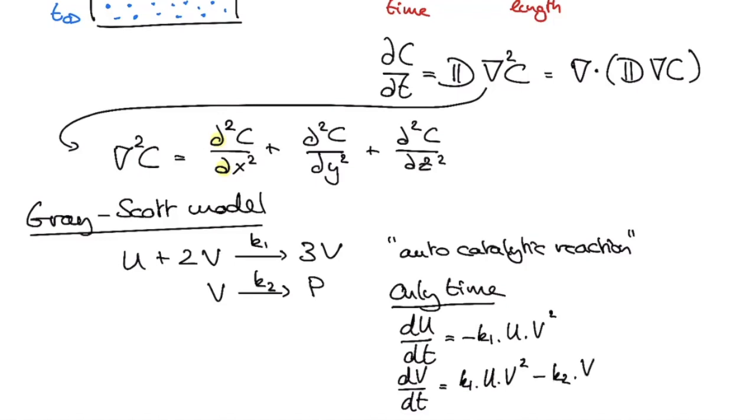So this would be if we have a very well-stirred system. Let's say we have a beaker or a reactor with very strong stirring, so there are no differences in concentration in space. So we would only consider this time dimension.